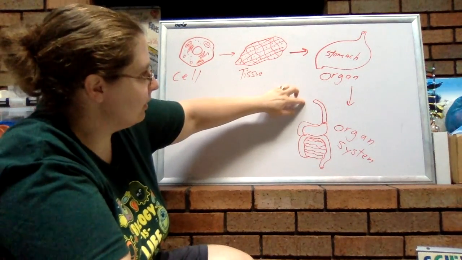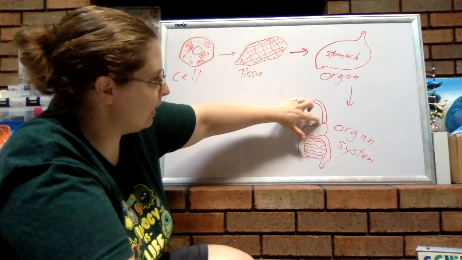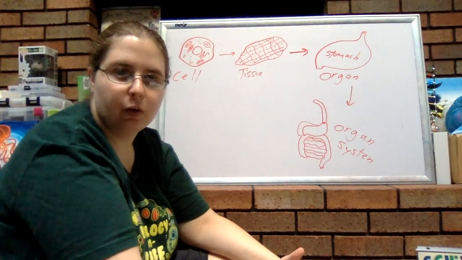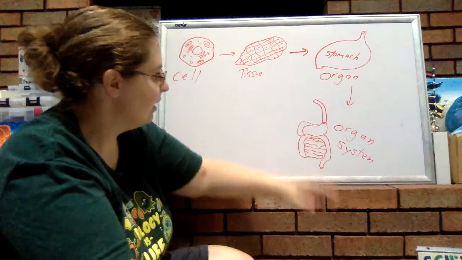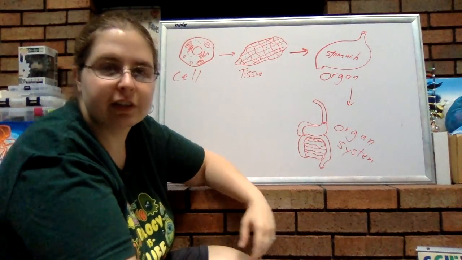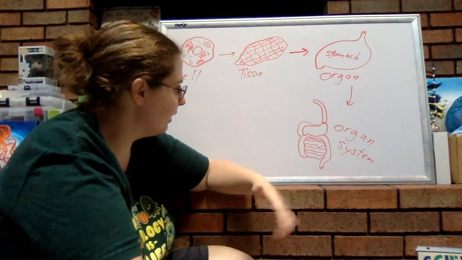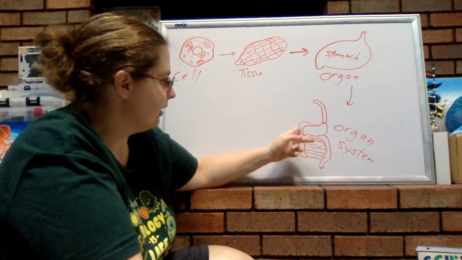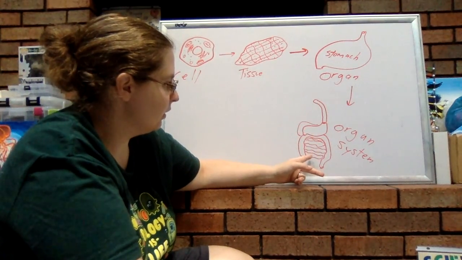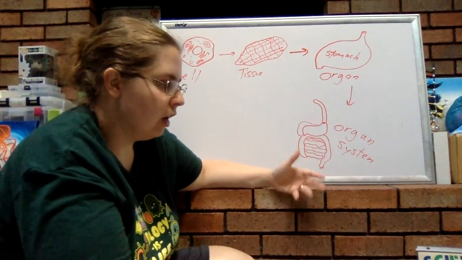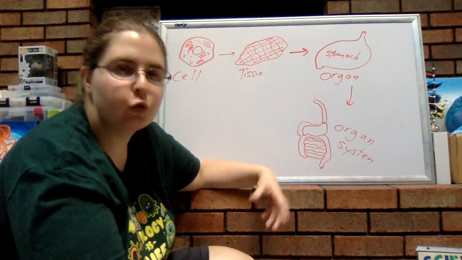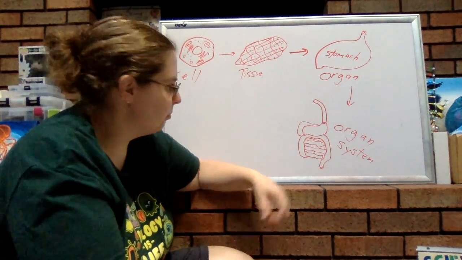So the esophagus transports the food down to the stomach. The stomach will digest it. The liver is going to secrete bile to help with that. The small intestines are going to start absorbing the nutrients and putting them into the bloodstream.